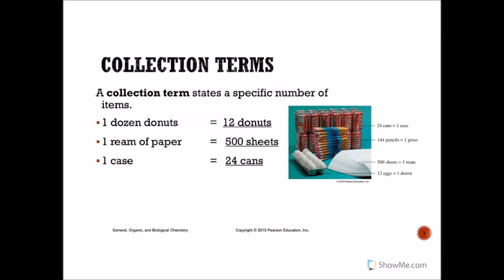If we're just talking about a collection of terms, we know that 1 dozen donuts is 12 donuts, 1 ream of paper means 500 sheets, and 1 case is 24 cans.